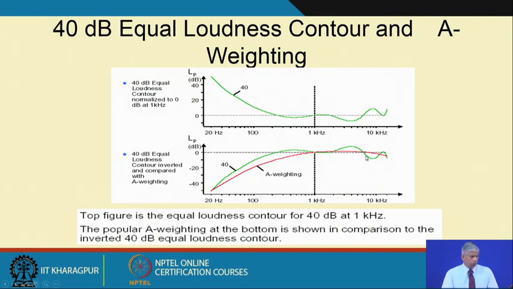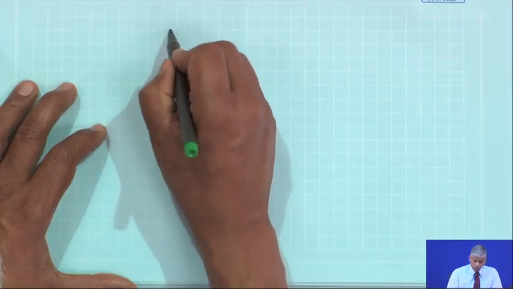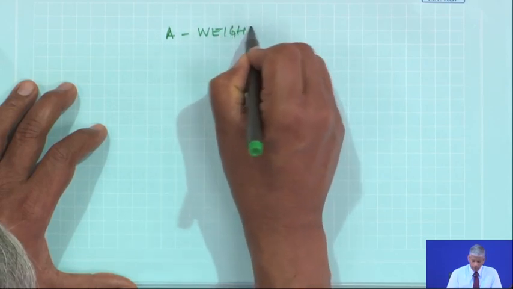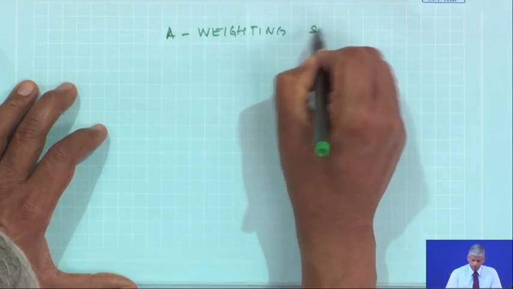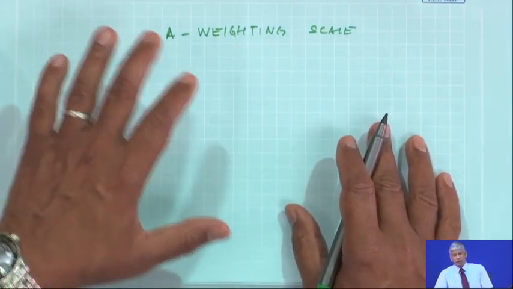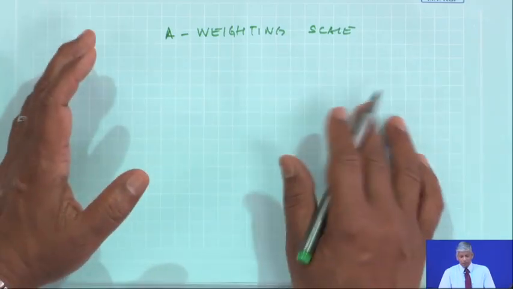So to account for that, we have developed what is known as the A weighting scale, which is universally adopted. I do not mean IIT Kharagpur, but everybody in the world. There are ISO standards.